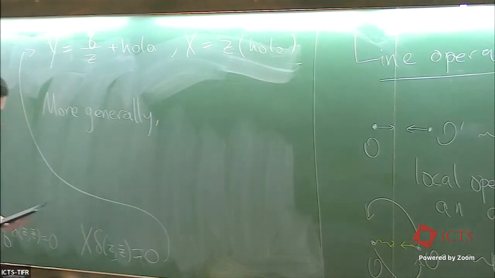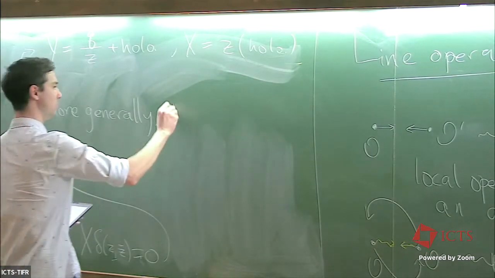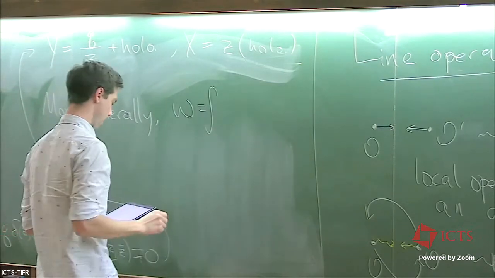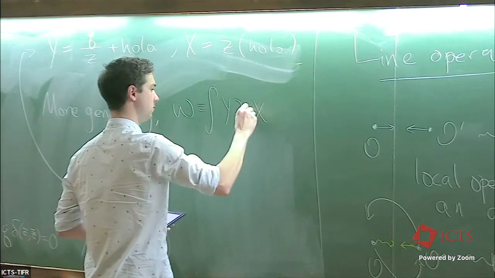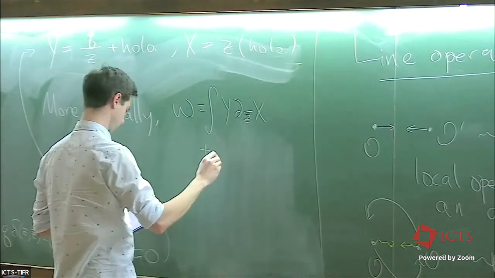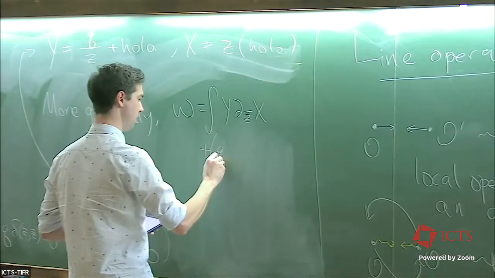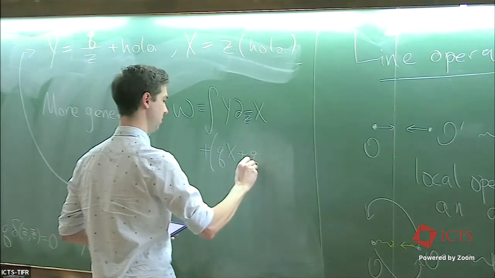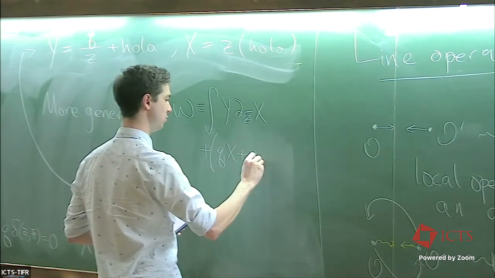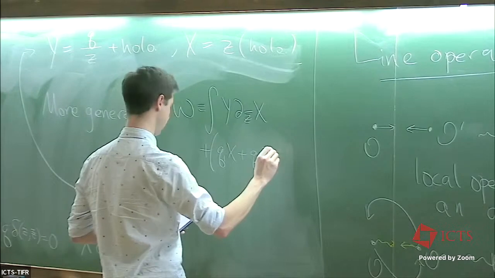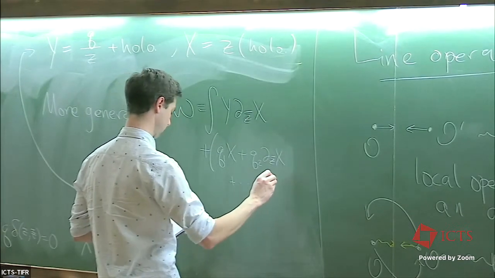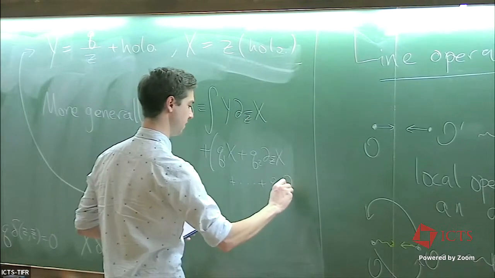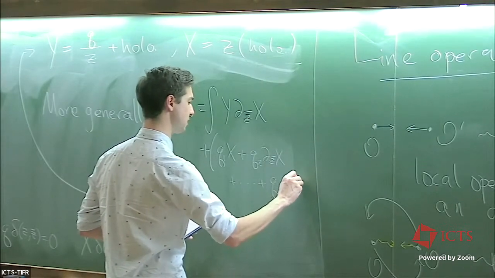More generally, I can imagine having a superpotential where I couple to multiple fields. For example, I could have qx plus q1x plus q2 del z bar x plus ... q to the n del z bar to the n minus 1x.